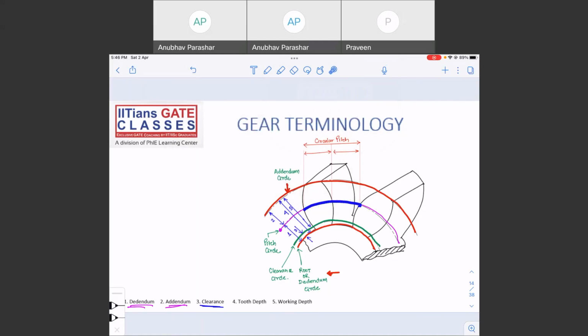The circular pitch can also be divided into two parts: tooth width and tooth gap. This again we'll see. How much is the width of the tooth and how much is the gap of the tooth, right? Okay.